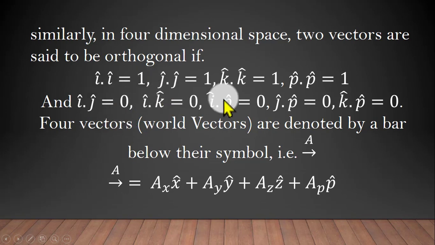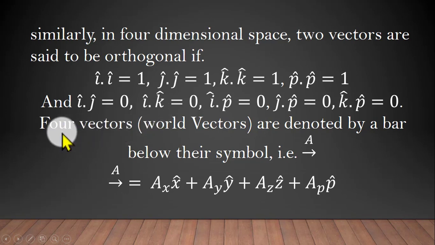In a similar manner, j dot j will give you 1, k dot k will give you 1, and p dot p will also give you 1, because these are unit vectors, and also their product with any other vector will give you 0. So i dot j will be 0, i dot k will be 0, i dot p will be 0, j dot p will be 0, k dot p will be 0, and all the other products that include 2 other vectors. You can define a Kronecker delta also here, that whenever i and j change, the dot product will be 0. Remember, we are taking here the dot product.